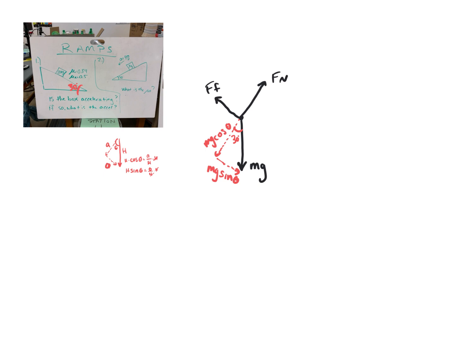And from that static coefficient, we can figure out what is the maximum frictional force that this thing can hang on with before it starts to slip. Remember, static friction can be any amount from 0 up until this maximum. So this is a maximum value when you use the coefficient like this.